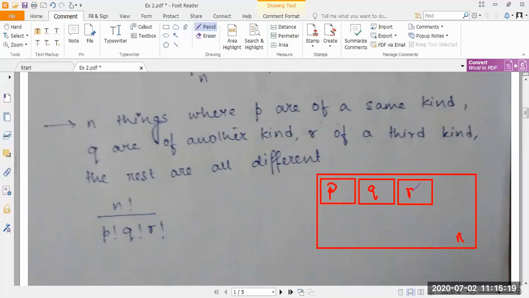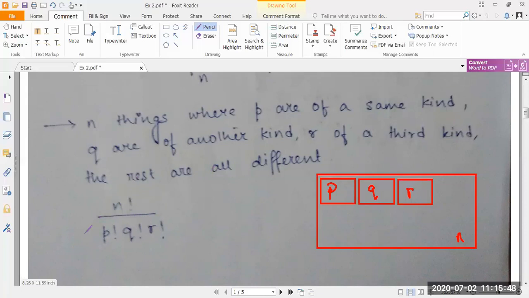So taking all of the n things together, I can arrange them in n factorial ways as discussed before. However, since there are p balls which are identical in nature, rearranging them gives essentially the same permutations. So I have increased my number more than I originally needed. So I'll divide the number that I've got, n factorial, by p factorial, because those p identical balls can be arranged among themselves in p factorial ways, which I have repeated.